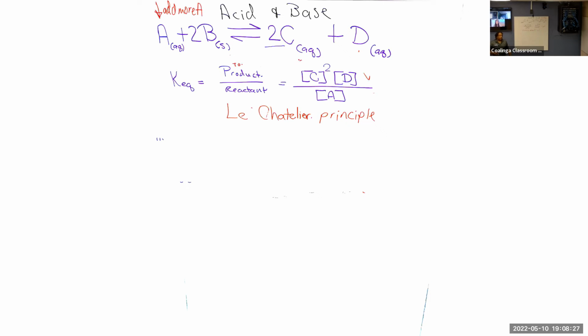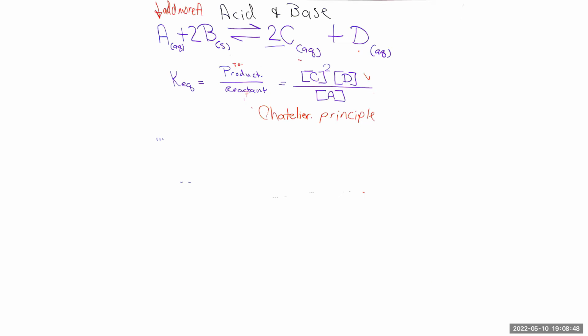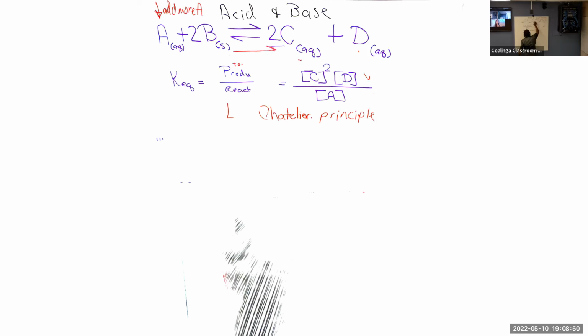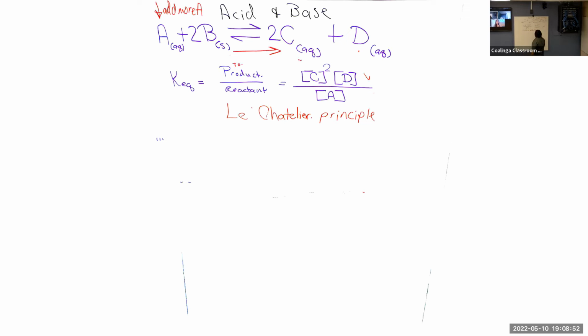To the left or to the right? To the products or towards the reactants? If you add more of A, it'd probably shift forward again because you're giving more fuel, if you will. So it's going to go forward again. Right?